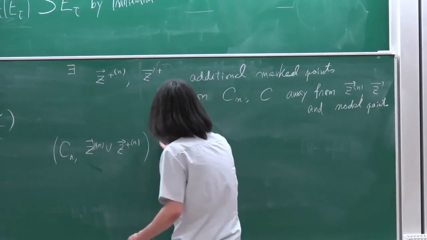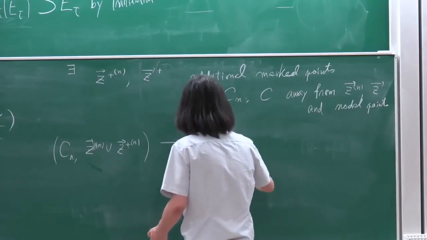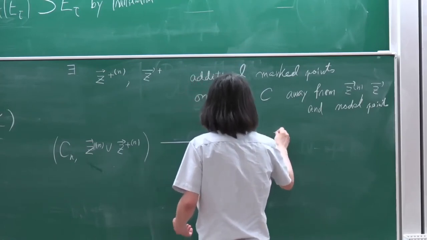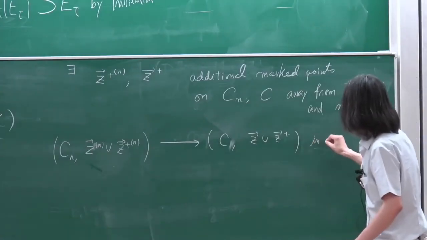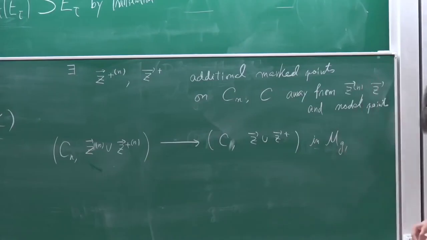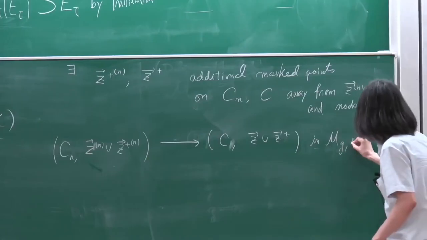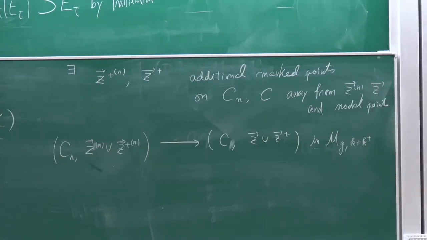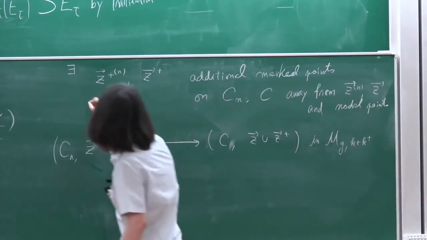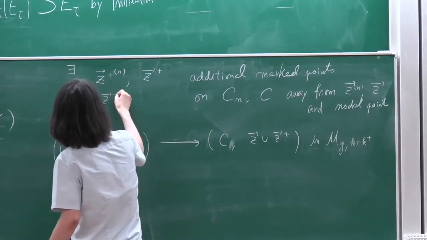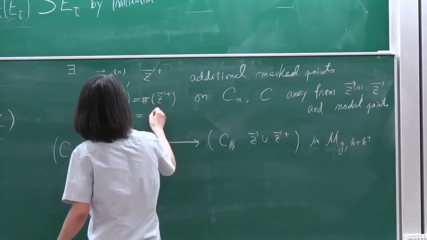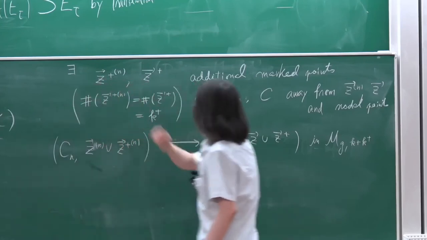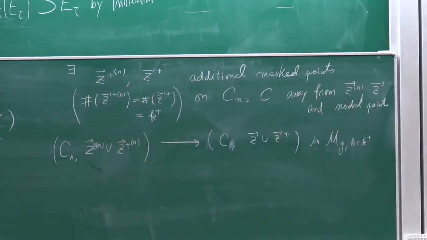And more than that, this one actually converges to this. So this is the first condition, in the moduli space of the stable curves, genus g and k plus k plus or something. I just assume the number k plus. So this is in the Deligne-Mumford moduli space.